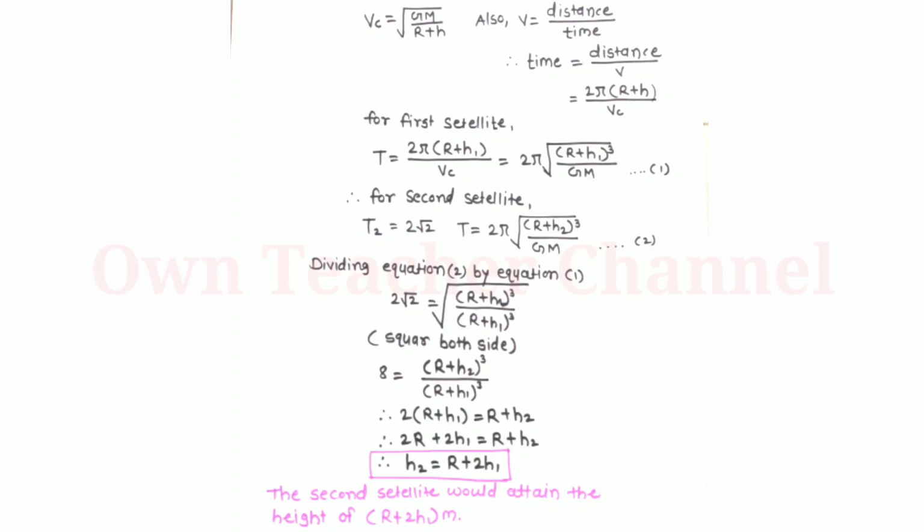So 2 times r plus h1 in bracket is equal to r plus h2. So 2r plus 2h1 is equal to r plus h2. Therefore h2 is equal to r plus 2h1. The second satellite would attain the height of r plus 2h1 meter.